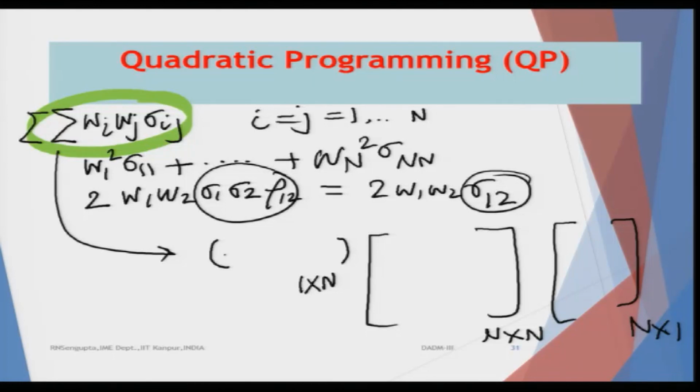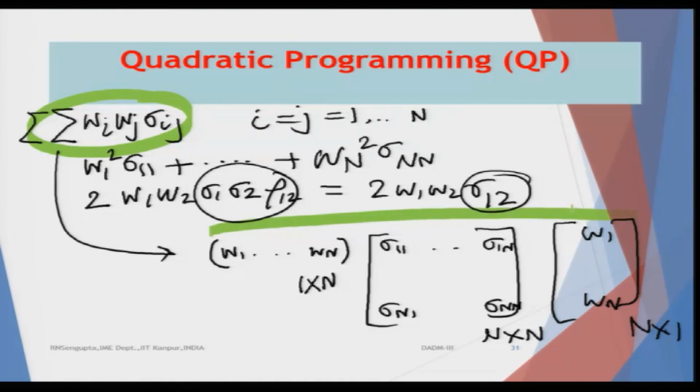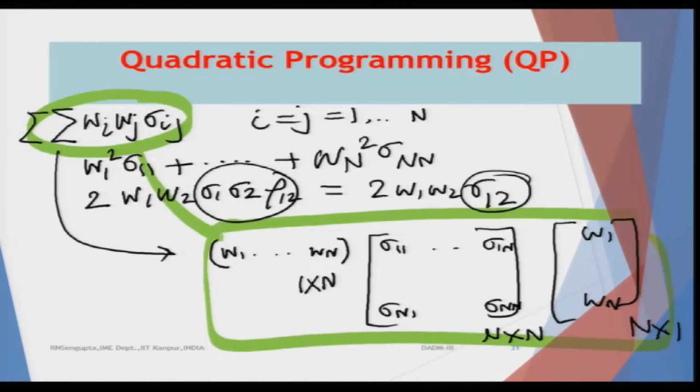What are these? W1 till Wn, sigma 1 1, sigma 1 n, sigma n 1, sigma n n, and W1 to Wn. If you see the whole value here, it is exactly this, equal to half times x transpose Q x.